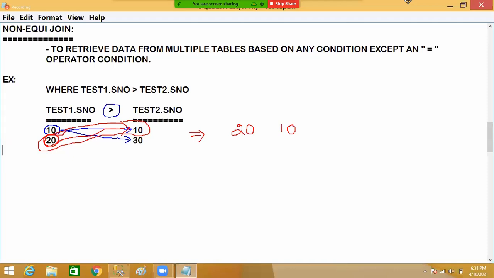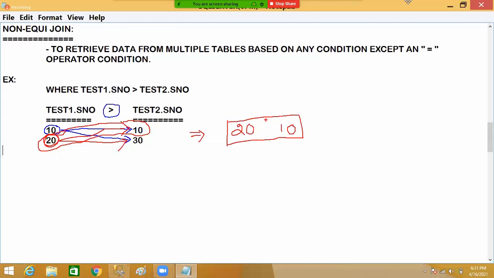Next, 20 is greater than 30. Is the condition true or false? The condition is false, so no joining here. So in all these row comparisons, only one row matches the given condition.